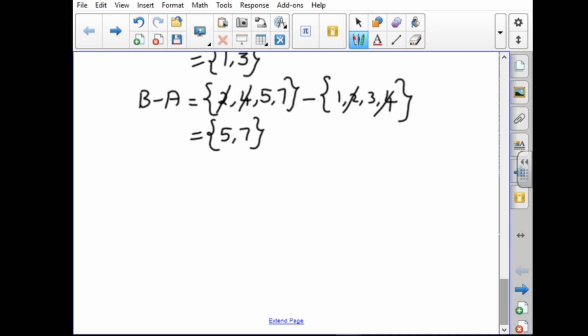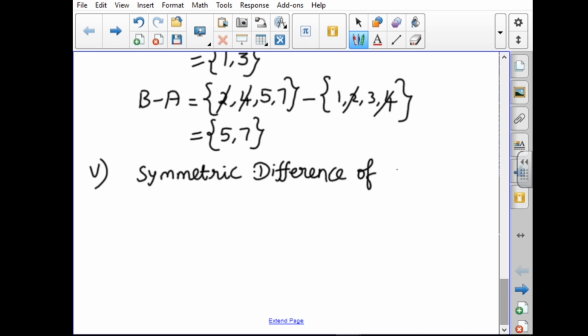Then the fifth one, symmetric difference of sets.